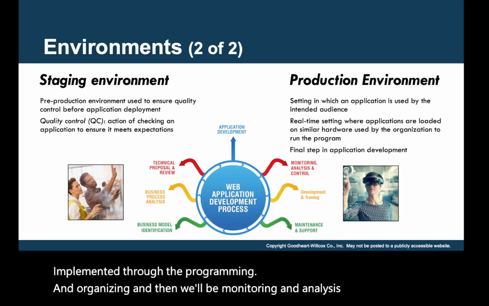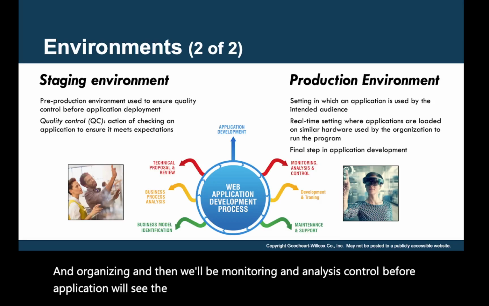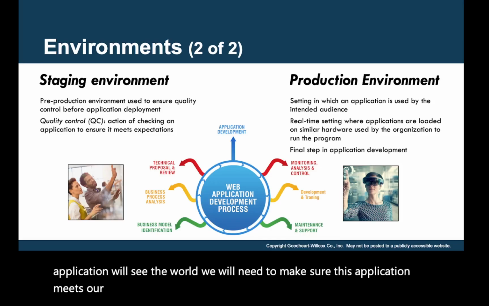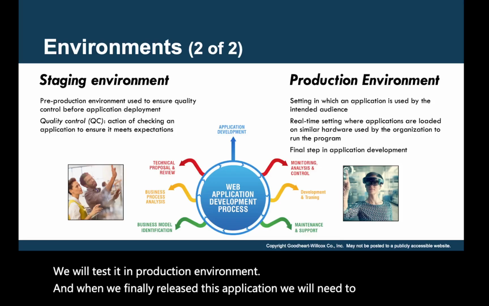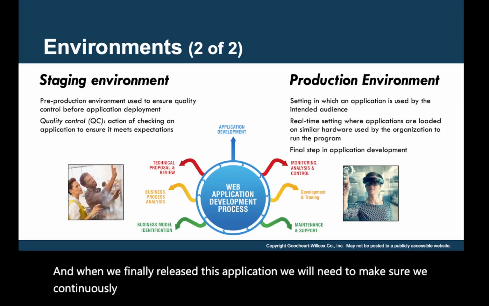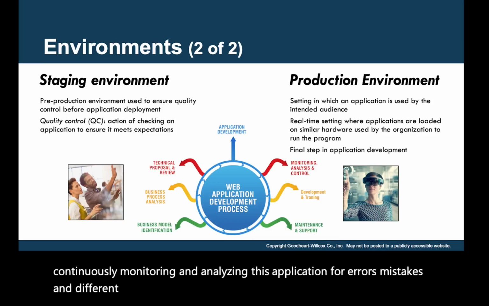Before the application sees the world, we need to make sure it meets our expectations. We will test it in the production environment, and when we finally release this application, we need to make sure we are continuously monitoring and analyzing it for errors, mistakes, and different vulnerabilities that could expose clients' data on the app.